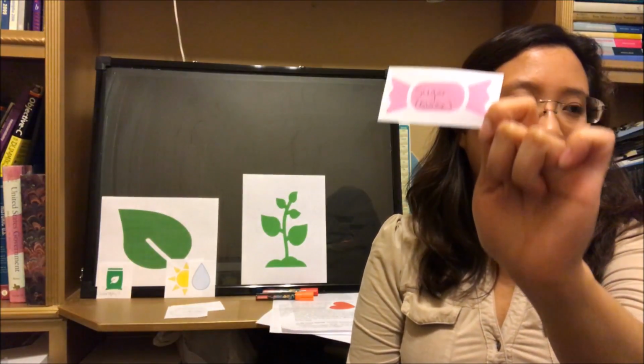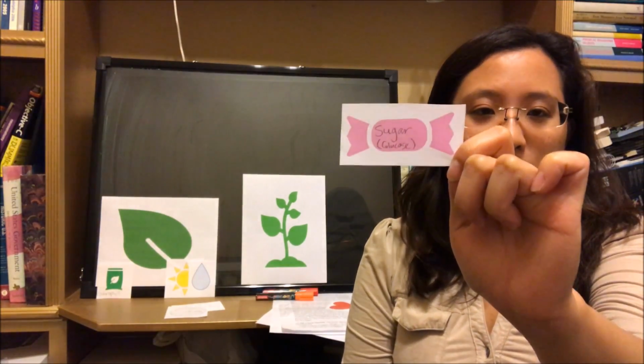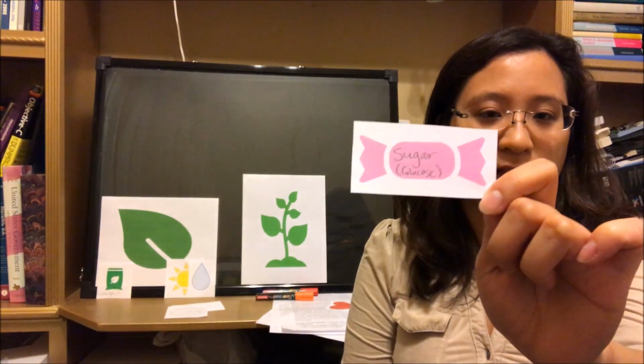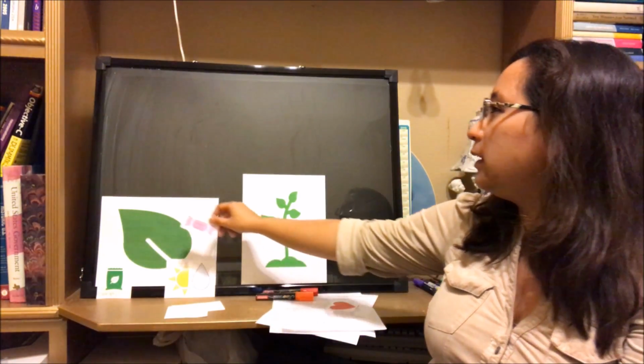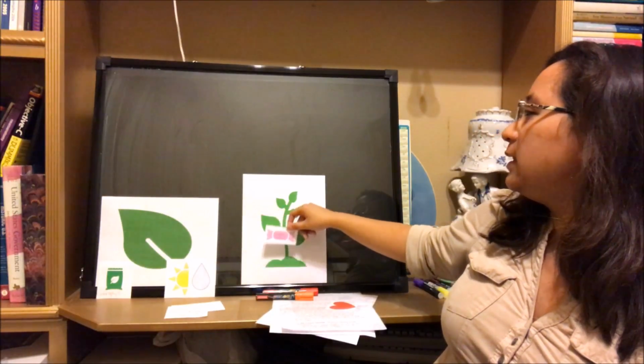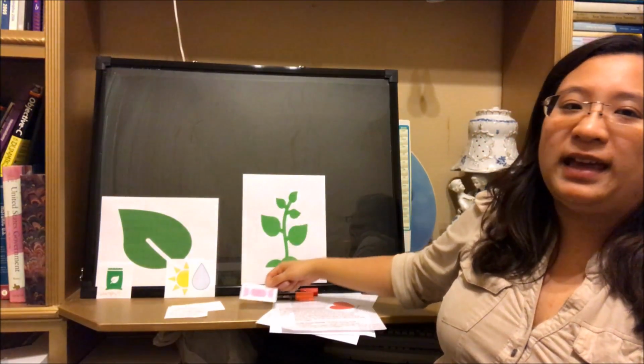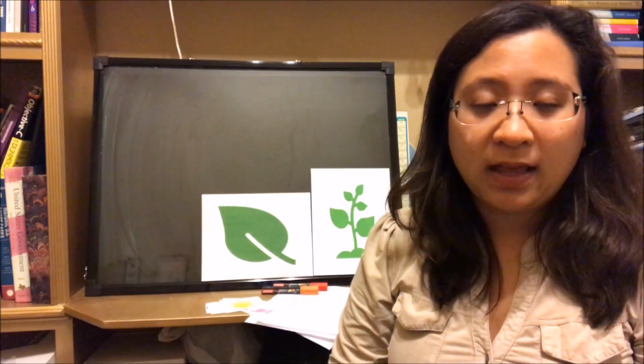And so, when the day came when Sugar was finally ready to leave the leaf, she left out of the leaf into the stem and went throughout the plant, and the rest of the plant thrived.